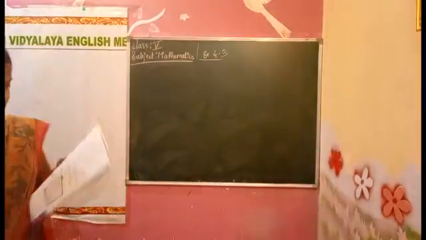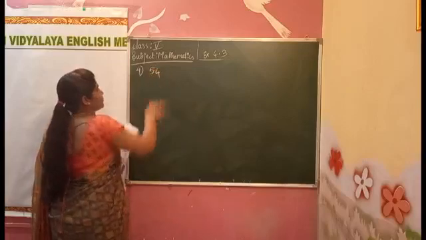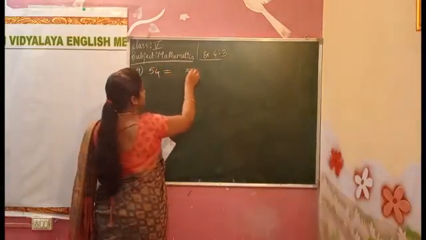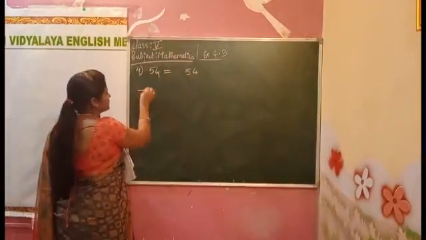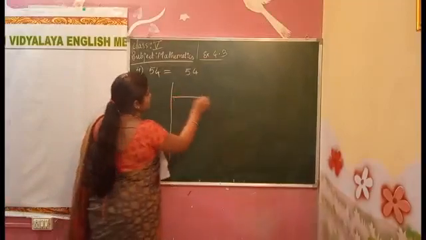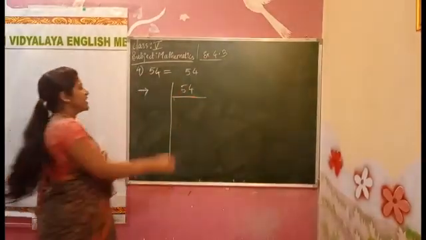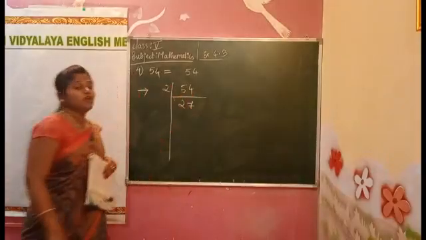Next one, the fourth one, 54. Now what do we have to do with 54? We have to write it like this. See, in the 2 table we have 54. Check. 2 27s are 54.